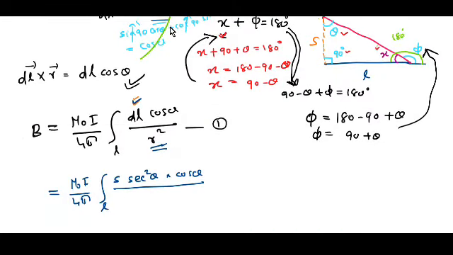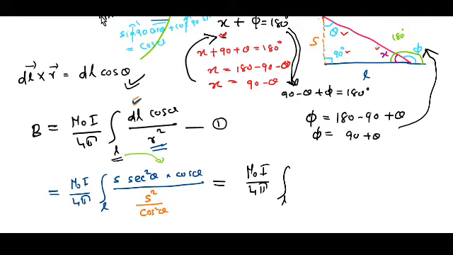Then r square means S square divided by cos square theta. Fine. This is equal to mu 0 I by 4 pi line integral. Okay, here we have to be very careful. We are changing the line integral into the angle theta.